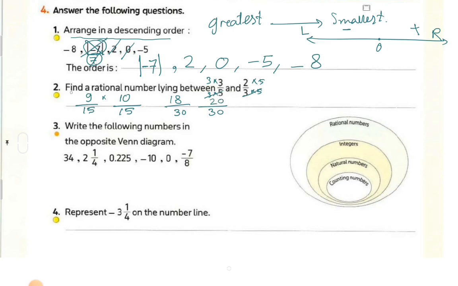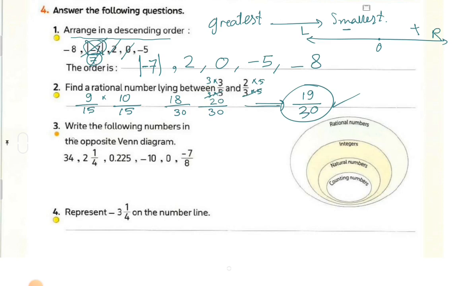Now he asks us for just one rational number. It's between 18 and 20. It's 19/30. This is the rational number in between 3/5 and 2/3.